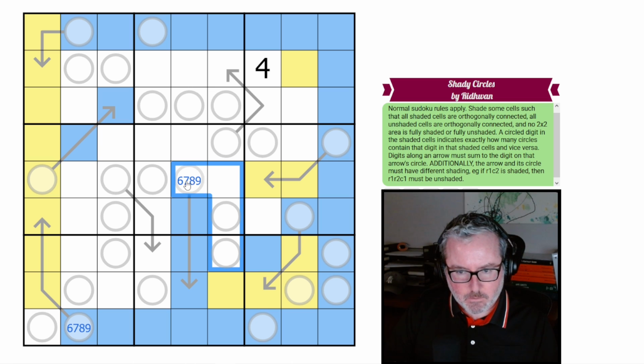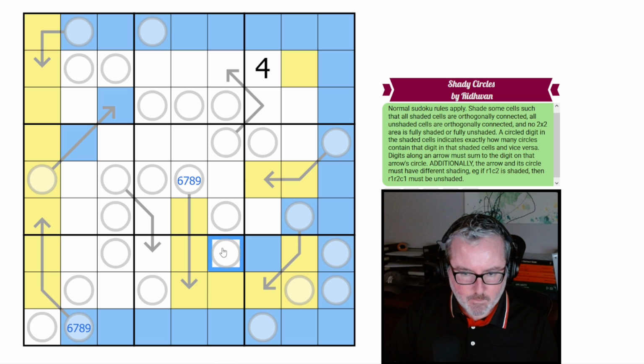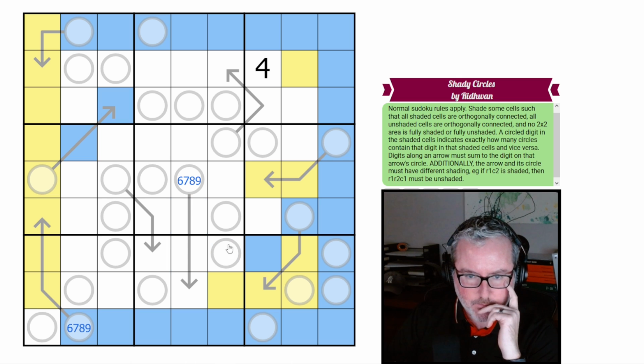This would be yellow as well. I don't see necessarily an issue with that. What about if it was yellow? We're looking at blue having to get in here. But again, it doesn't look like there's any problem with either one of those.